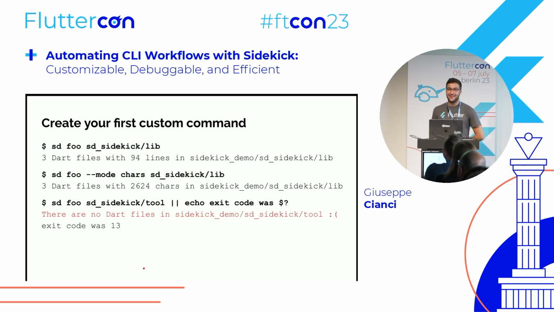Let's run our new command, and you can see it works fine. There's 3 Dart files in our Dart CLI package with 94 lines. I can switch the mode, and then I see there's like 2,000 characters in our Dart CLI package. And the error case also works.